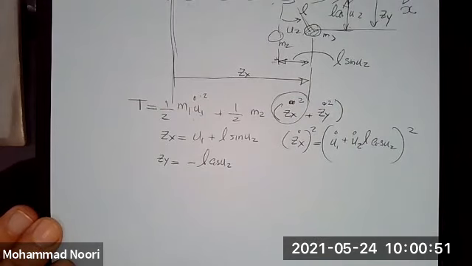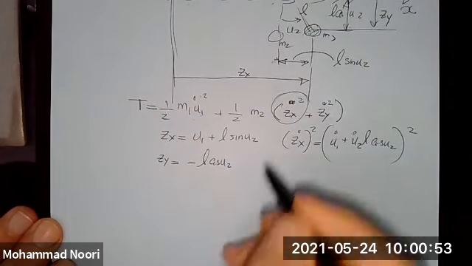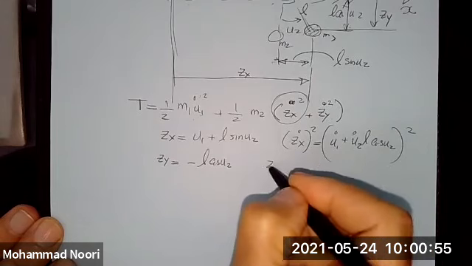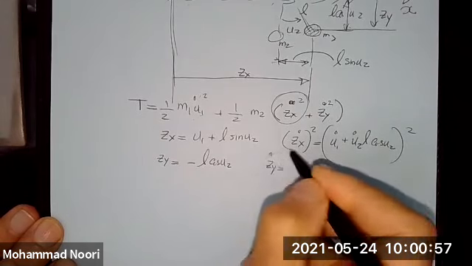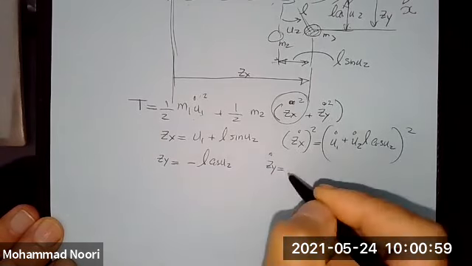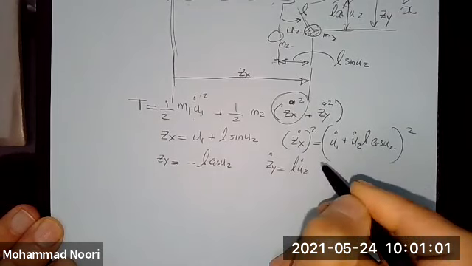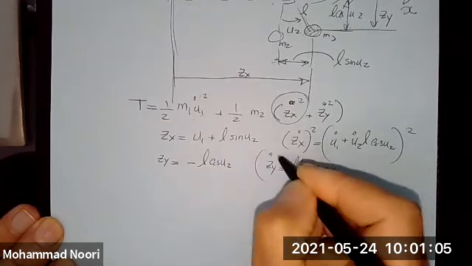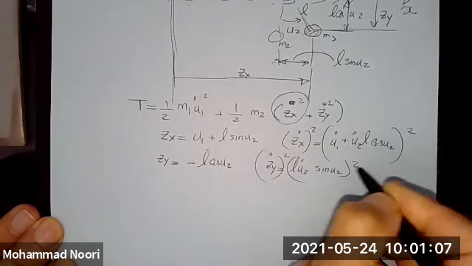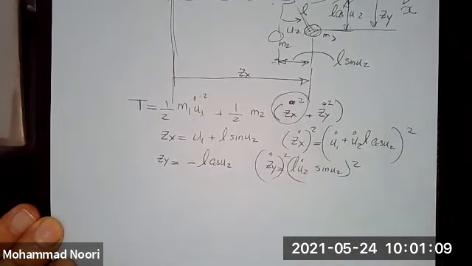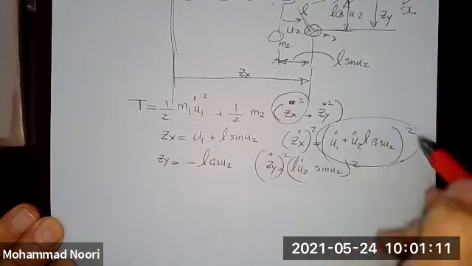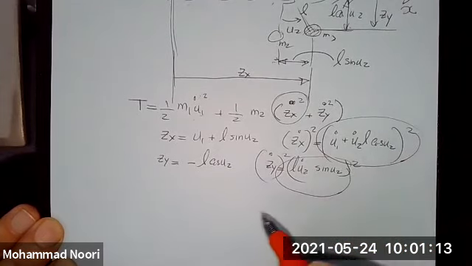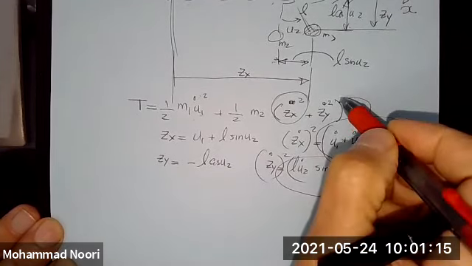Okay. So Zy dot would be the derivative of that, which would be L U2 dot sine U2, and the square would be this.